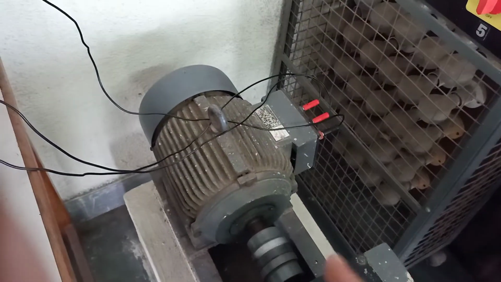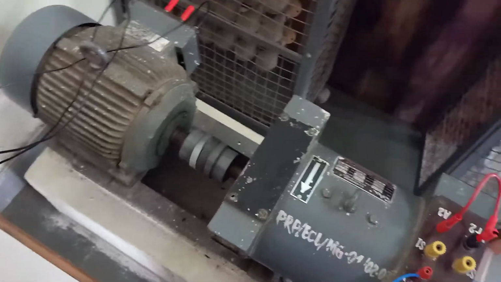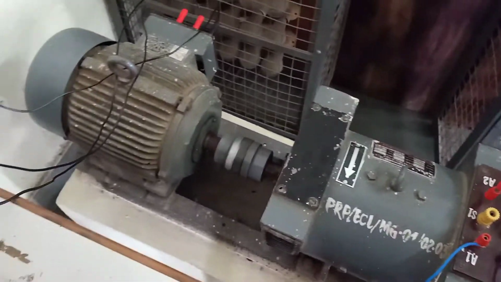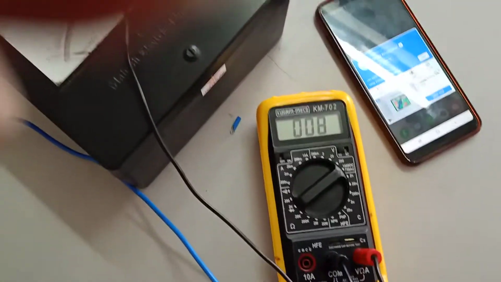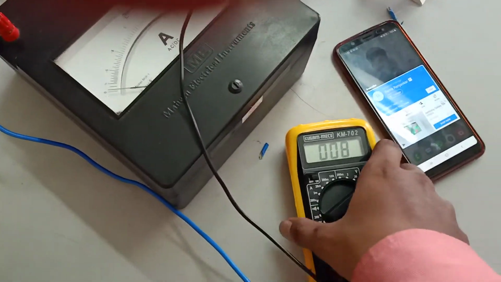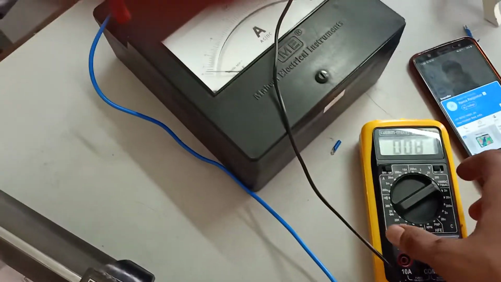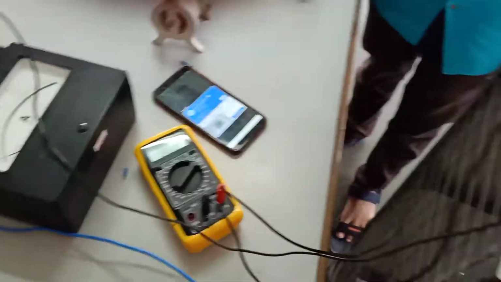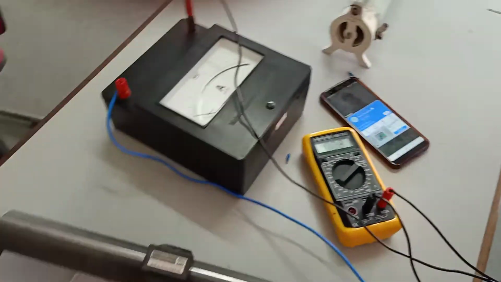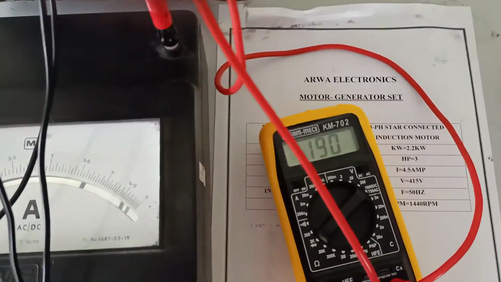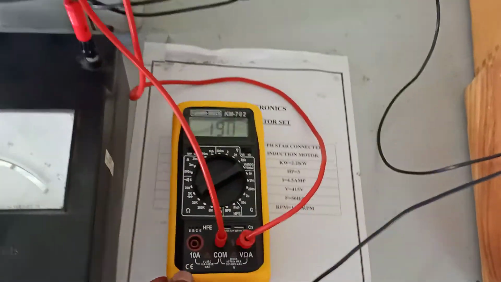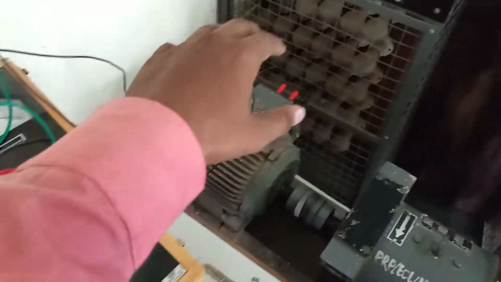In this manner it's clockwise rotation. Here is the voltmeter, which is used for measuring the voltage across the load. Suppose we give around 200 volt to the stator winding of the motor.